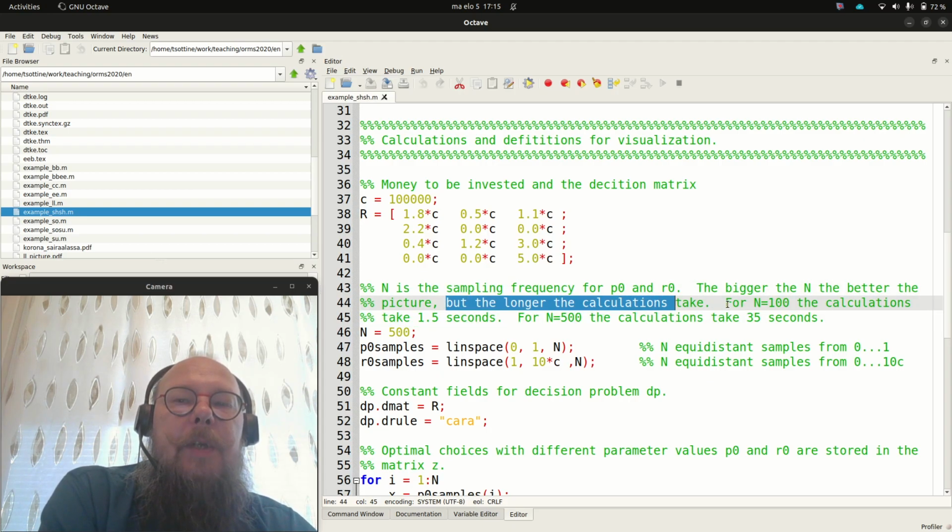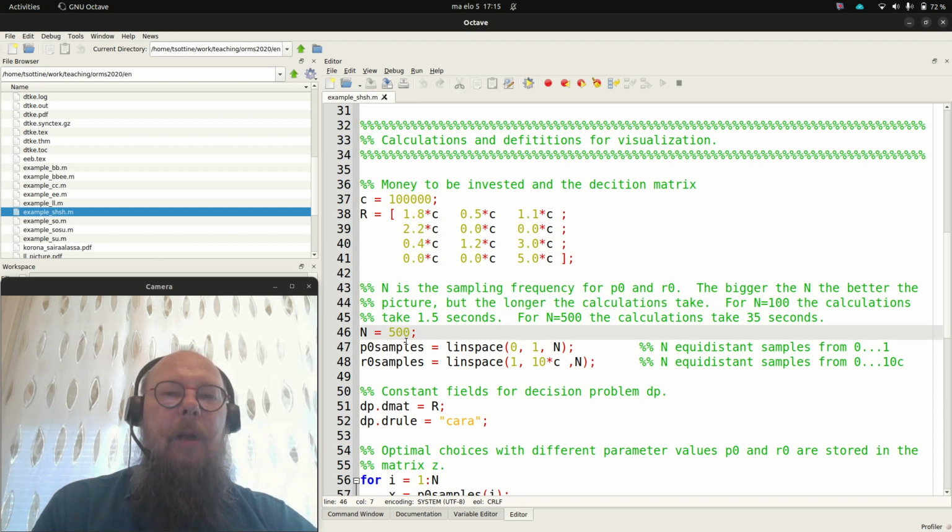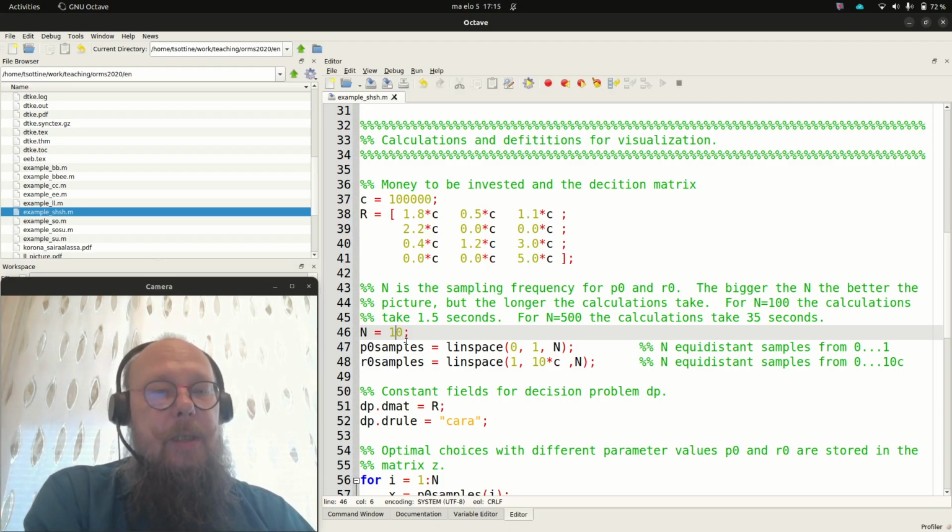I've just put here, for example, on my computer, if N is 100, the calculations take 1.5 seconds, and if N is 500, the calculations will take 35 seconds. Now, for the purpose of this demonstration, I take N to be a relatively small number, 10, so we don't have to wait when we test this function, and we see how the picture changes.